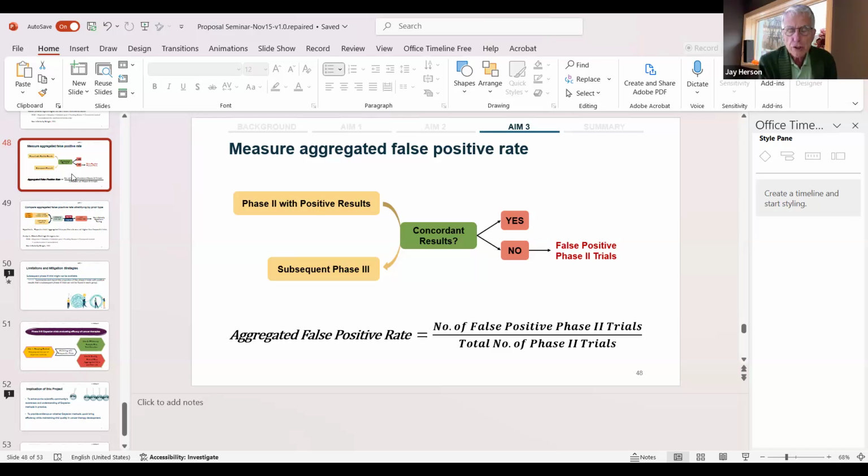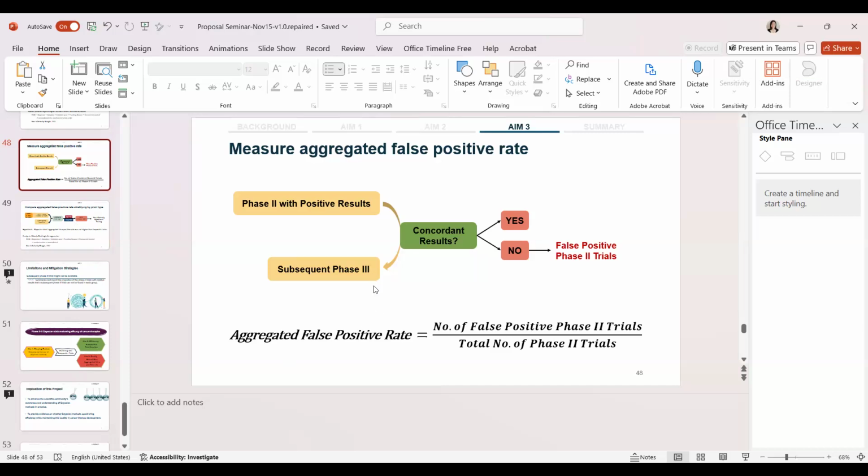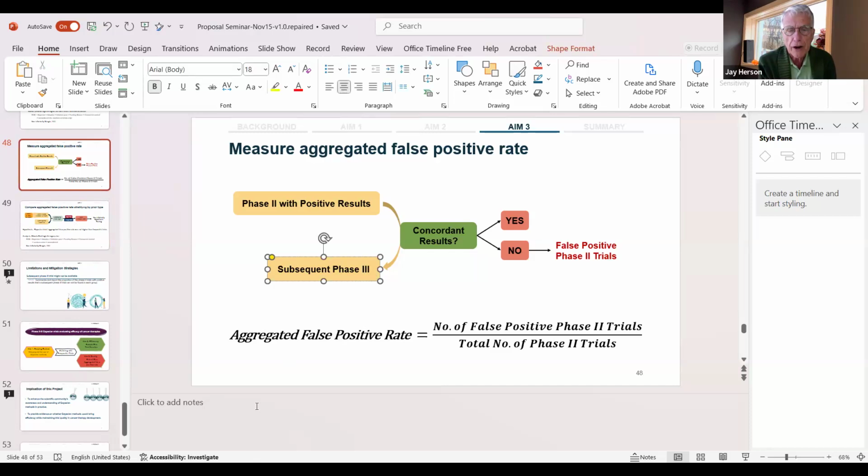Right. Well, then for the phase 3 trial, you're not going to compute false positive. It's only for the phase 2. Yes, only for phase 2. Right. Well, then you may find the phase 3 trial is not the same as the phase 2 trial because of what they learned in the phase 2 trial.